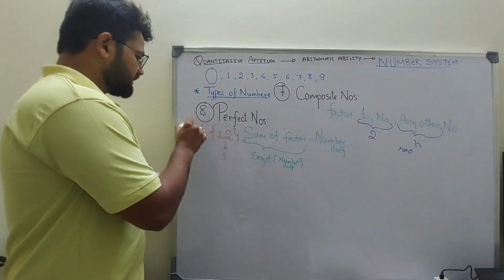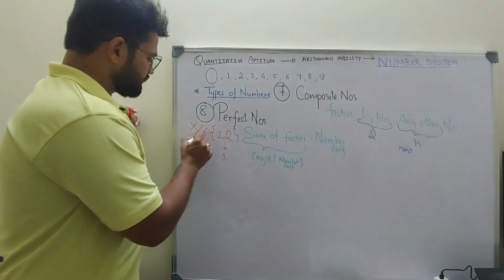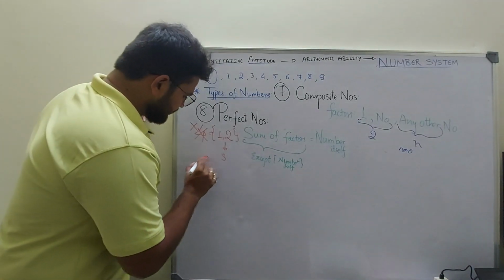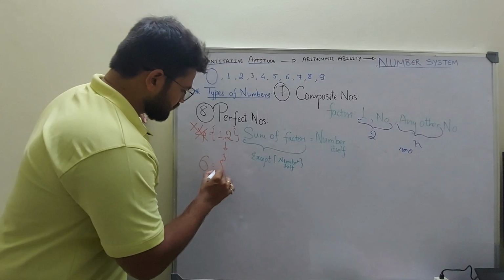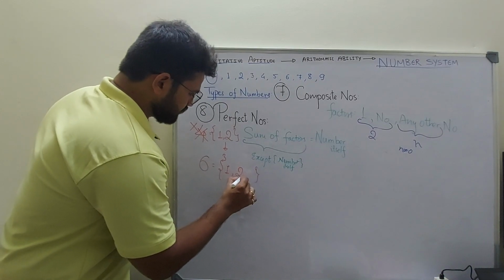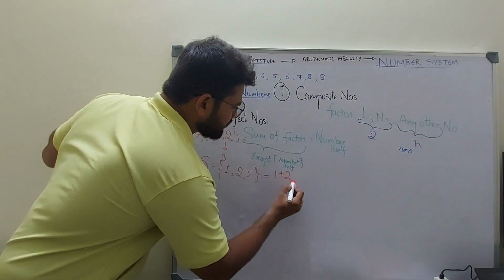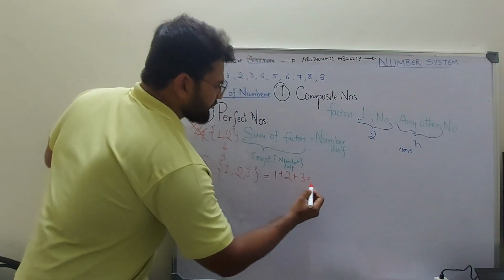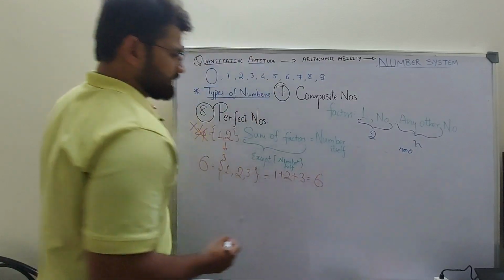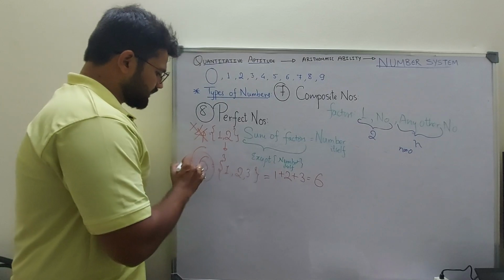No, 4 is not a perfect number. Okay. Let's consider 6. What are the factors? 1, 2, 3. And if we add 1 plus 2 plus 3, it will give you 6. Is it a perfect number? Yes, we got a perfect number.